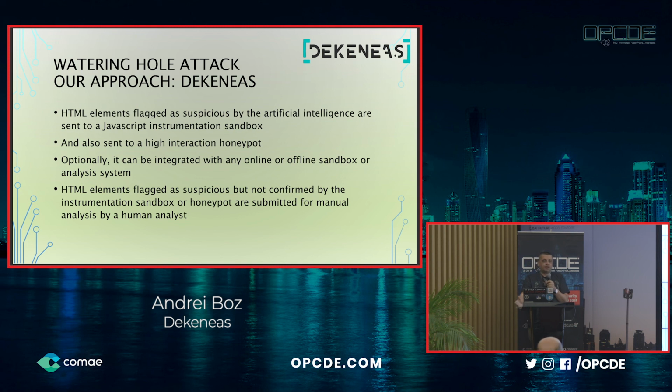Basically, the artificial intelligence acts as a filter to distinguish the potential suspicious elements from benign ones, so that the actual dynamic code analysis is performed only on elements that are showing great signs of maliciousness.